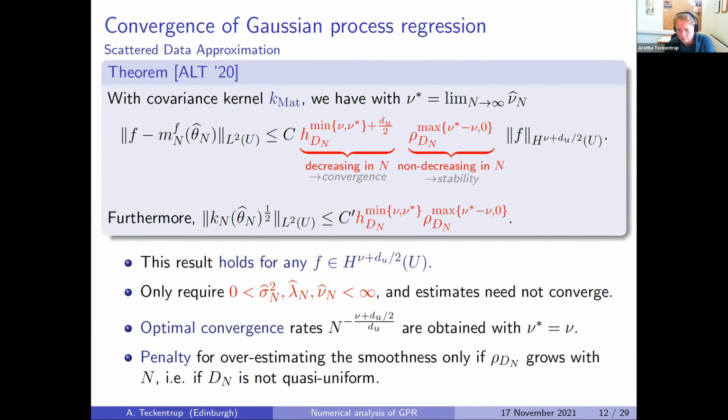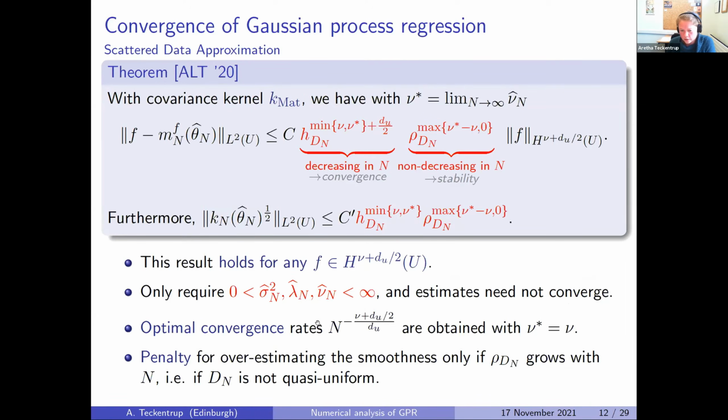You can relax that assumption as well if you, for example, know that some of these estimates do tend to 0 as n tends to infinity. You don't need convergence, so that is quite often something where you have problems with identifiability of the parameters. That is not an issue, so we're not assuming that any of the parameters need to be identifiable or that the estimates that you have converge to anything. None of that is required.